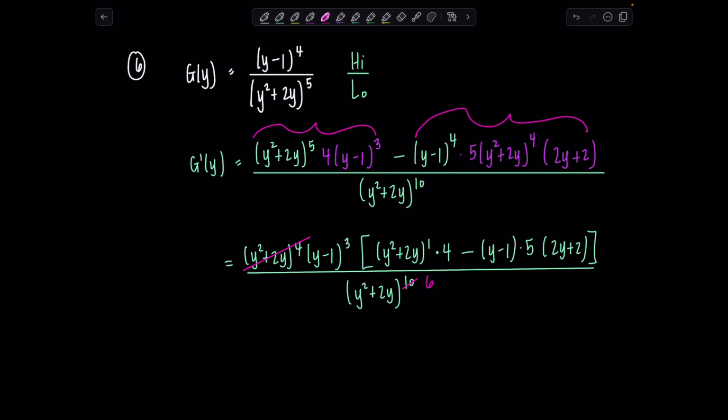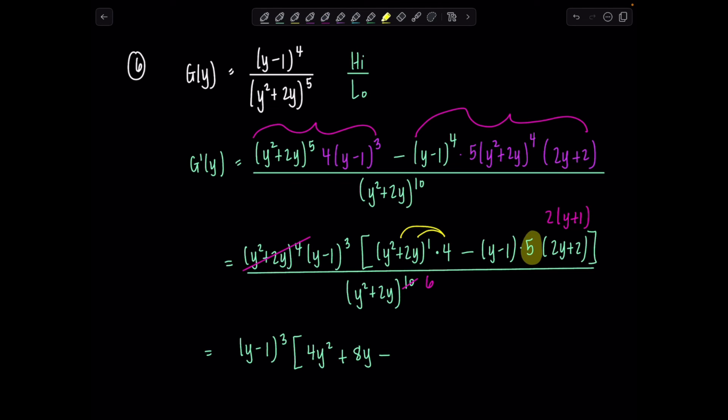I love it. So then what do we have? We have y minus 1 cubed. I think we should just start multiplying everything out over here. Ba-doom, ba-doom. That's going to be 4y squared plus 8y minus, can I show you something cool? 2y plus 2 is 2 times y plus 1.